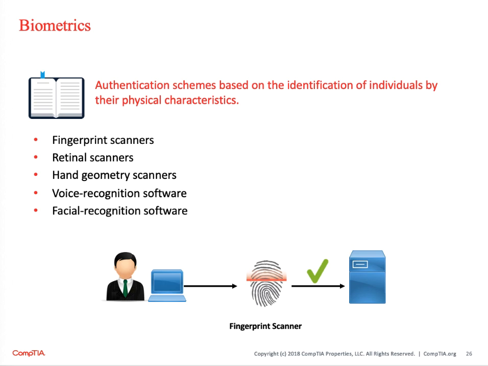You probably have it on your iPhone with the fingerprint scanner. Voice recognition, right? The pitches, the tones of your voice. Facial, that's going to be our Face ID and stuff. We've all seen a lot of these already, but those are biometrics. So that is something you are.